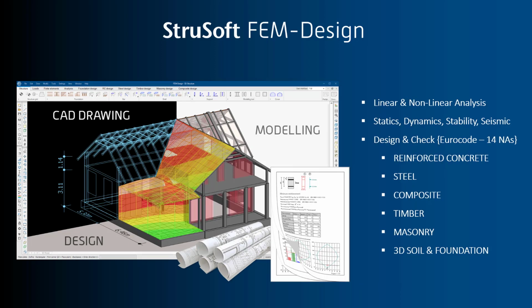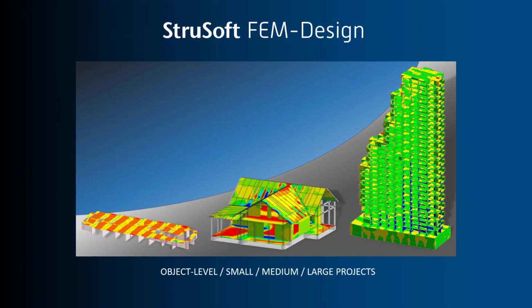FEMDesign is an analysis software for linear and nonlinear tasks, statics, and dynamics. With the exception of aluminium, we can design structures for more materials and according to Eurocode national annexes. The interface and design tools of FEMDesign enable detailed examination of small, medium, large, very complex projects, or just one single object.